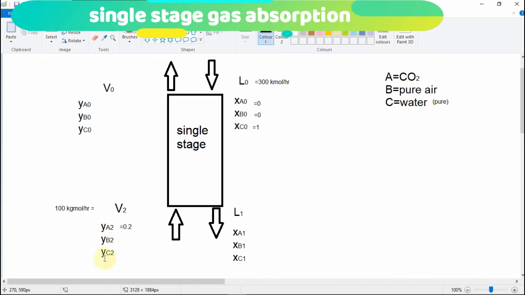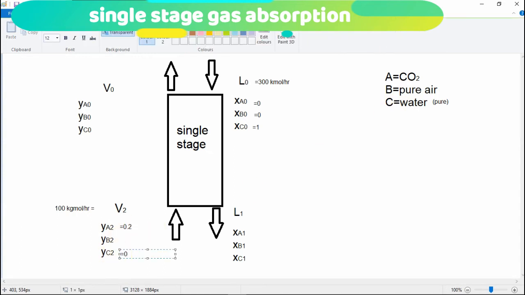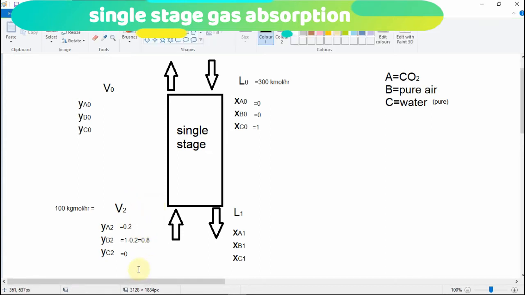C here, water, will definitely be 0 because C is the solvent and water is in liquid form, so it does not exist in the vapor stream. For the remaining value, YB2, we can find it by 1 minus 0.2, which is equal to 0.8, because the summation of the fractions must be equal to 1.